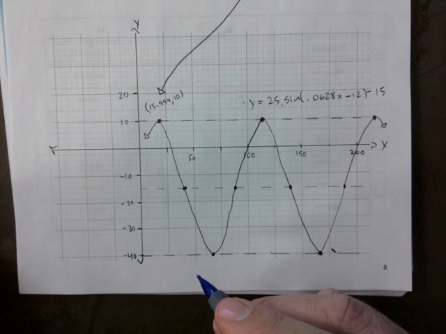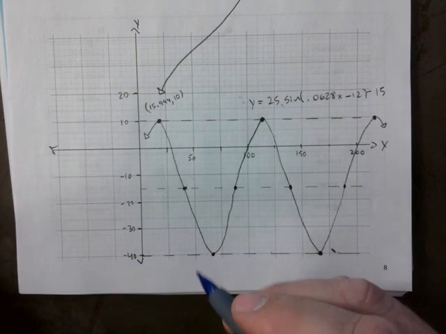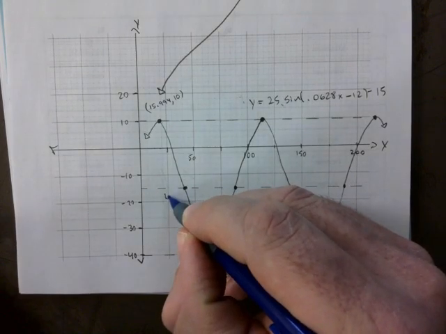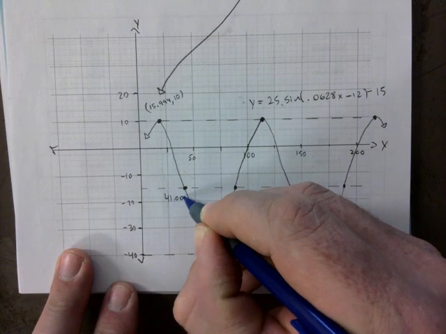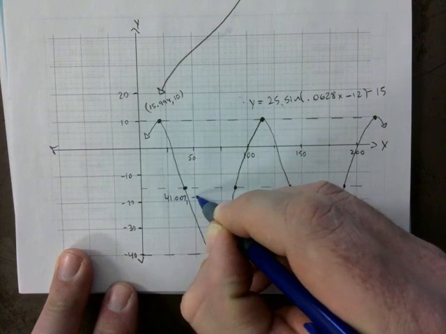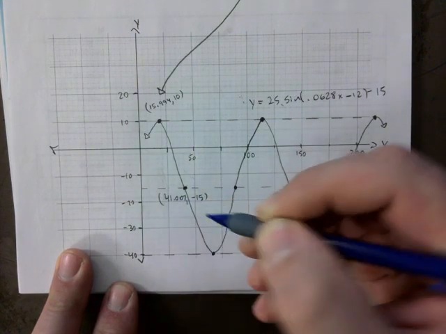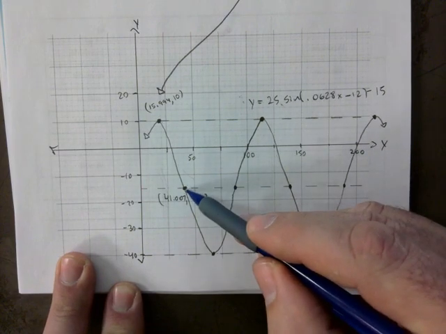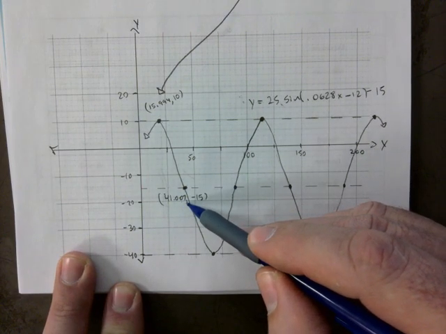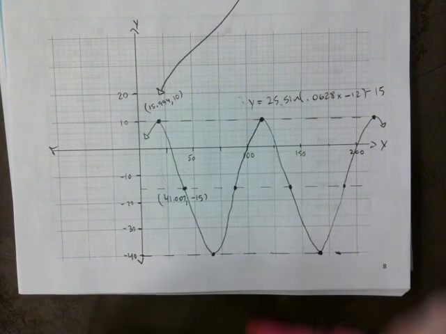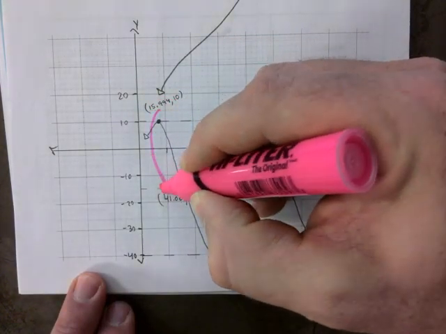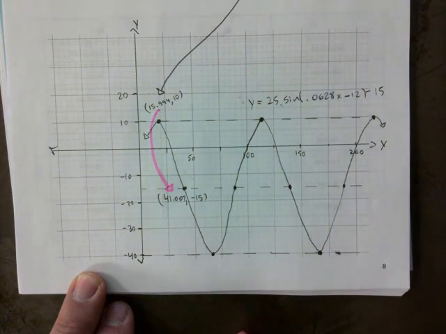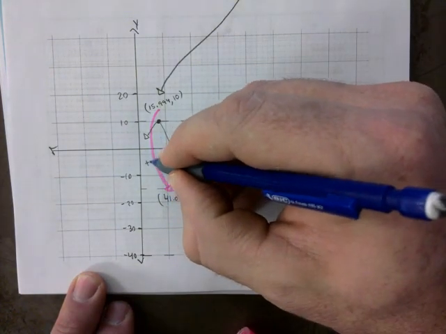I'm just going to go up on my screen to recall that this one here is 41.007, negative 15, right? So I'm just going to have this one point here labeled, and what I did is I went from here to here and I added plus x scale.